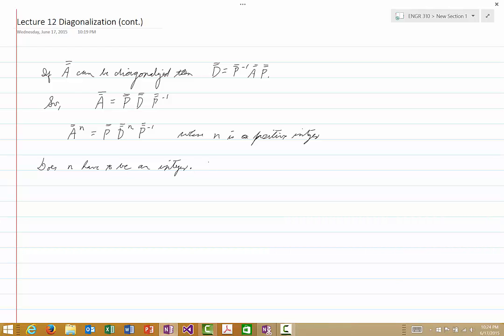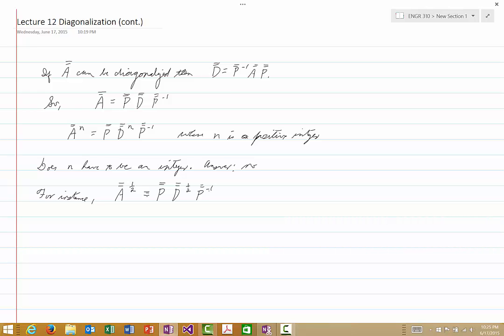And the answer is no. For instance, A raised to the 1/2 power is equal to P D to the 1/2 power times P inverse. Again, the assumption here is that this won't work for any matrix. It has to be a matrix that has a full set of eigenvectors.